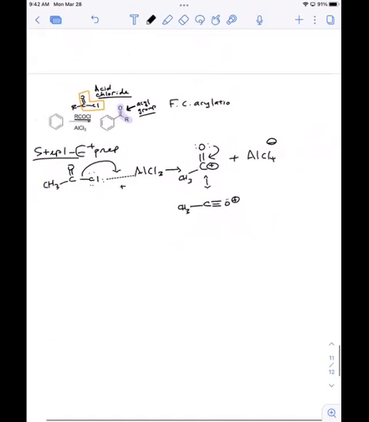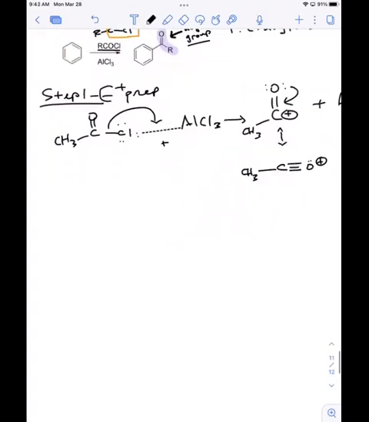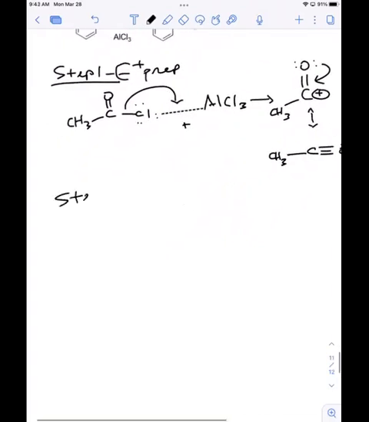That is a valid resonance form for that molecule or for that cation. All right, somebody help me out with the second step. What's going to happen? Attack of the ring on the electrophile. Show me how it happens if you're able to do it, not able as in know how to do it, but if you can annotate the screen. I know you know how to do it. I have confidence in you.